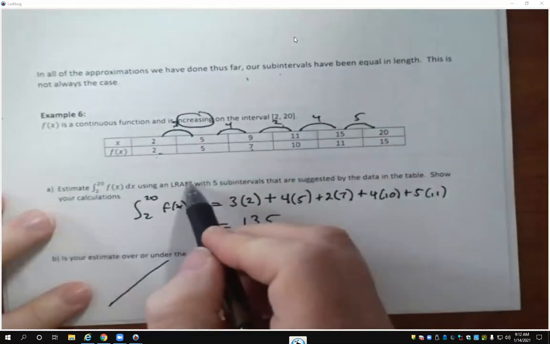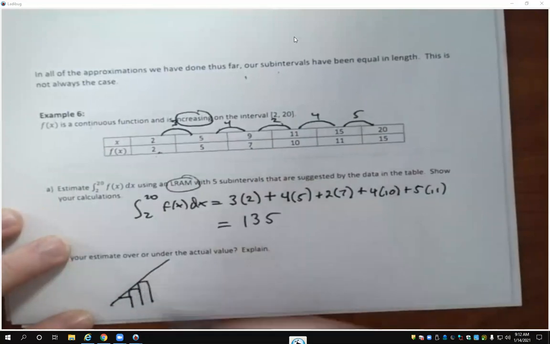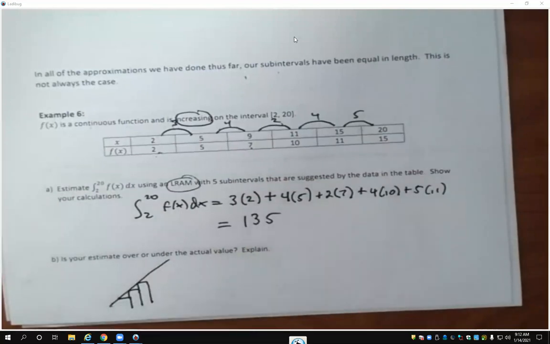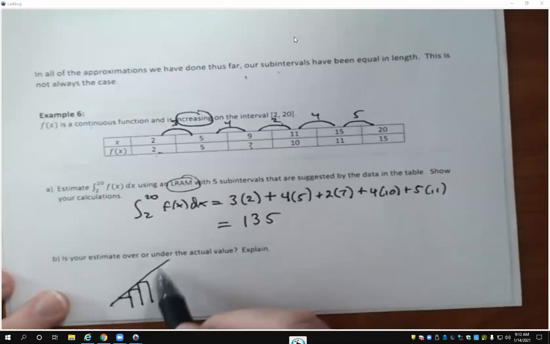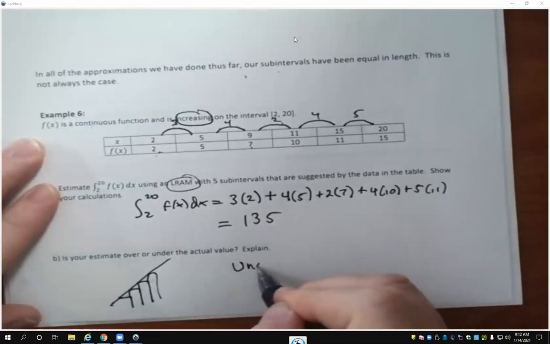And we are doing LRAM. If you're doing LRAM, you're always going to start your rectangles from the left and go to the right. So our rectangles would look like that. You don't have to draw very many of them. If you draw one and you understand it, that's enough. But as you see, we're losing some area in here. We're not getting all of our area. So we're going to write, it's an underestimate.